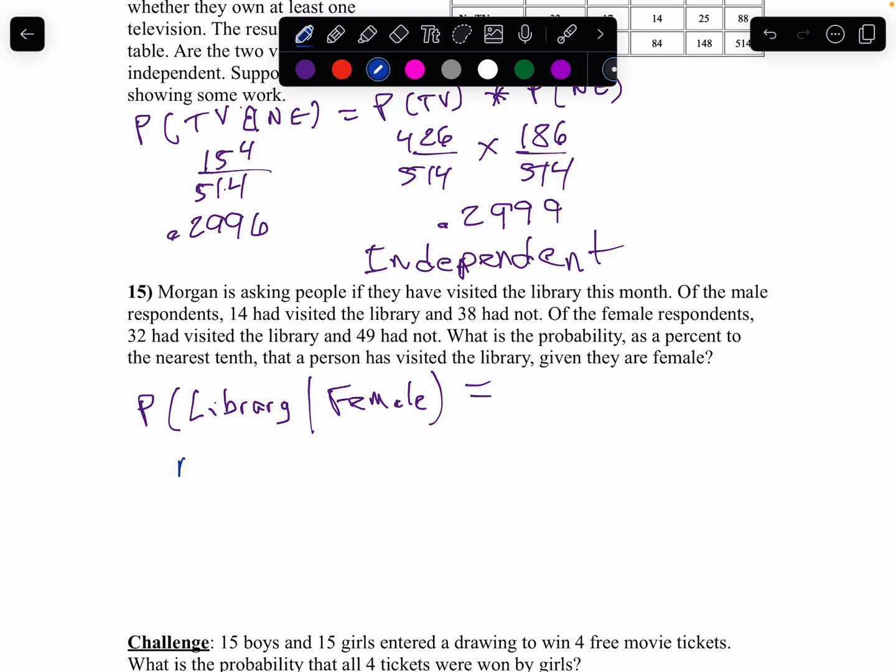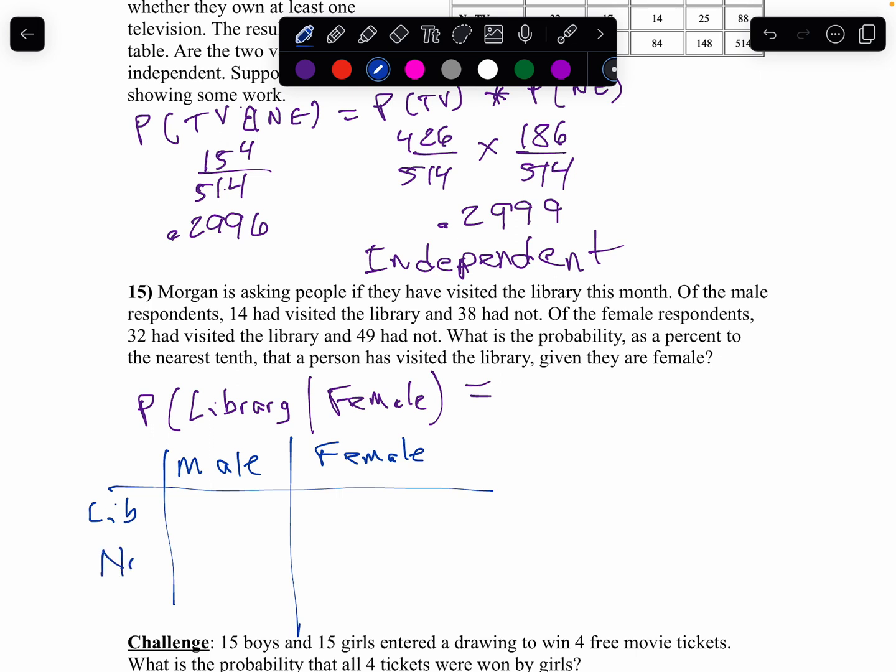So we have male and female. And then we have them visiting the library or they did not visit the library. Now, of the male students, 14 had visited the library and 38 did not.